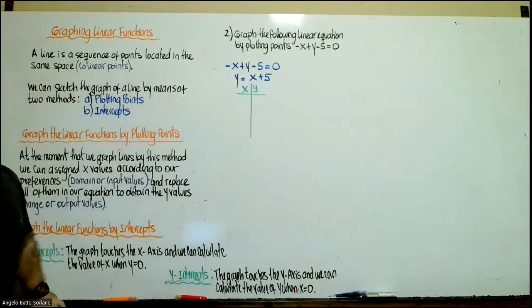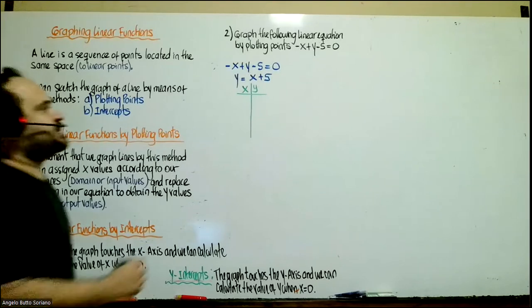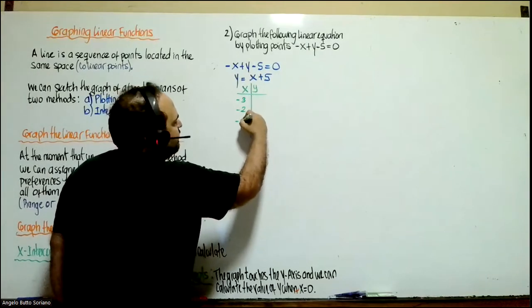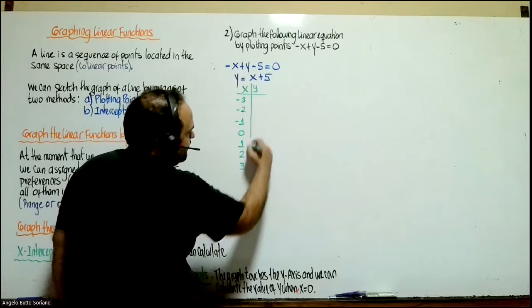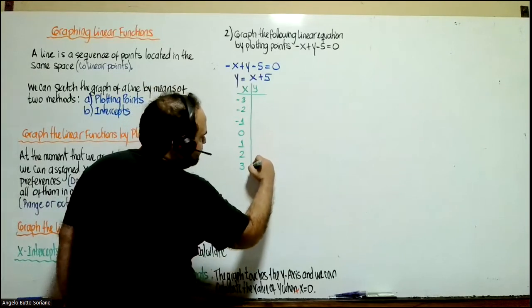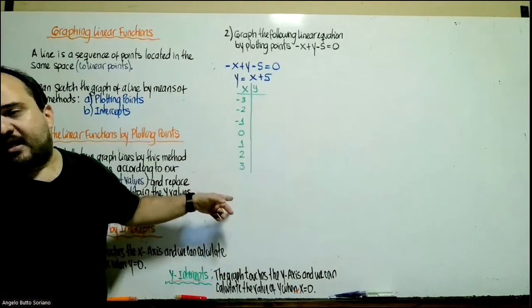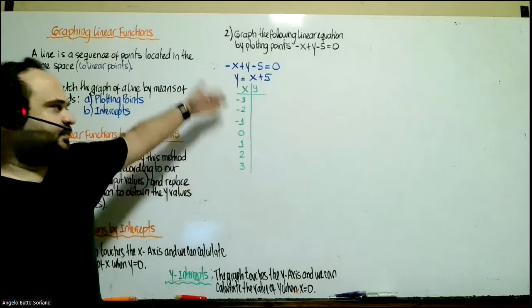Remember, the x-axis belongs to the domain, or the input values, and we can assign as many values as we wish. If you want to start from -3: -3, -2, -1, 0, 1, 2, and 3. As many values as you wish, it's your preference.